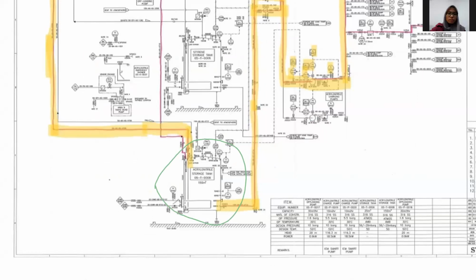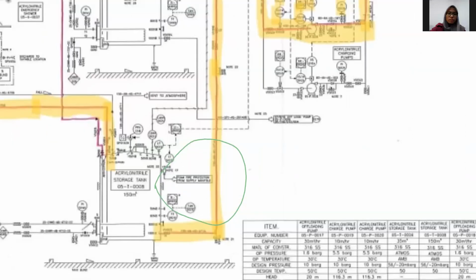First of all, the technicians have to make sure that all the valves involved in this line are already closed, and then it will start to drain the chemical from this valve.